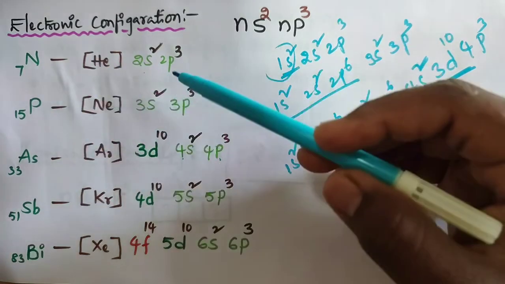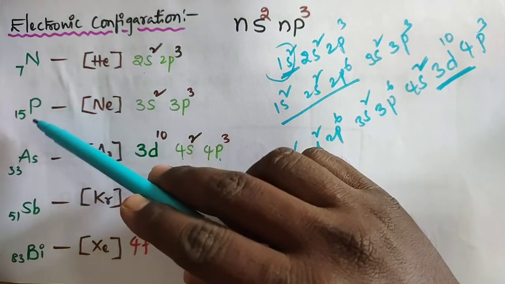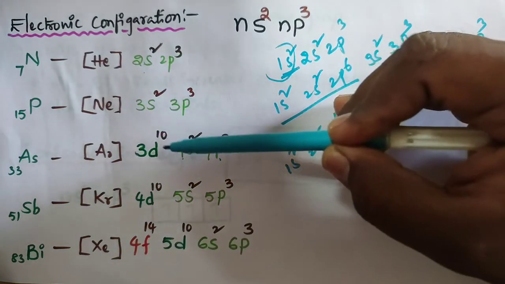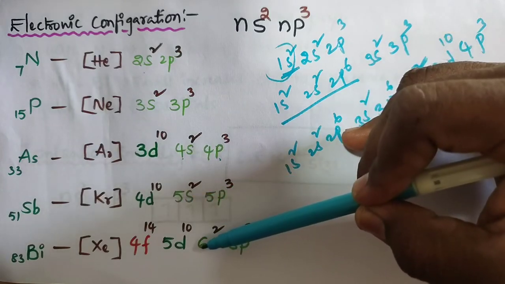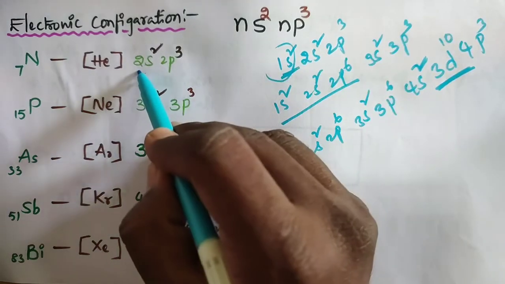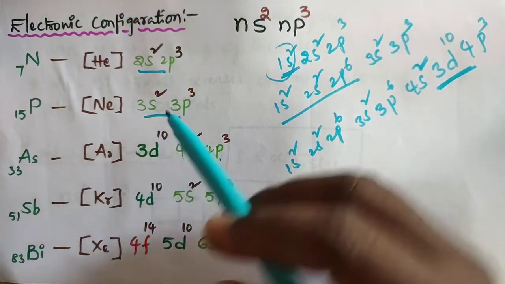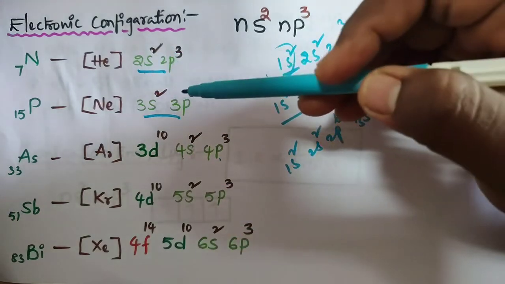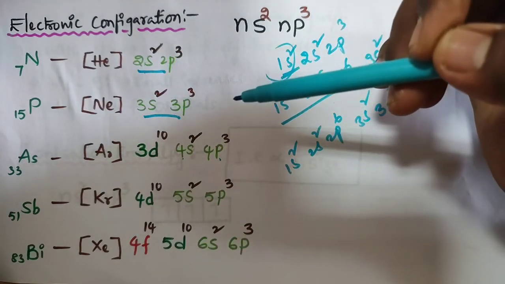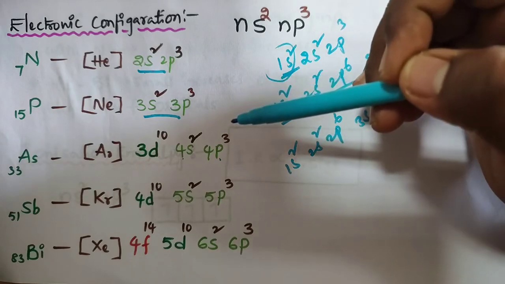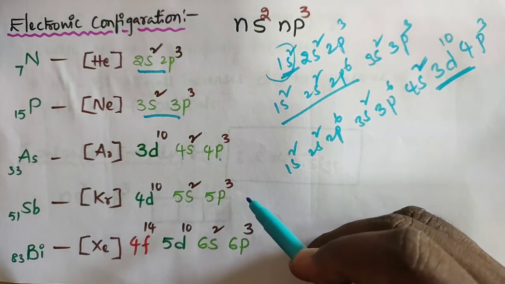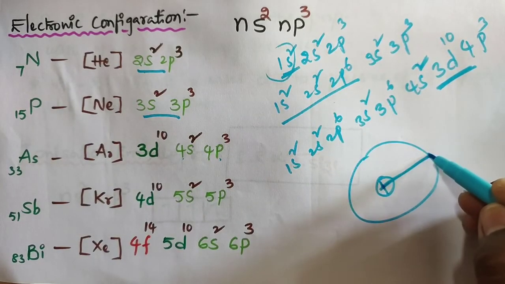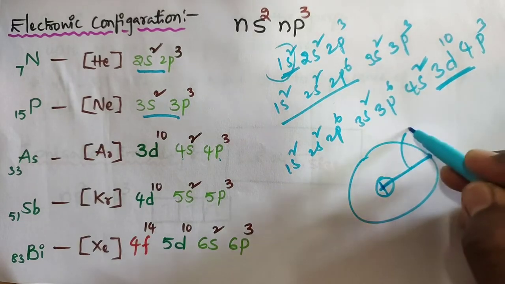From top to bottom the atomic number increases: 7, 15, 33, 51, 83, and the principal quantum number 2, 3, 4, 5, 6 of the outermost electron configuration increases. So the atomic size, ionic radii, atomic radii and covalent radii increase. What is meant by radii? The distance from the center of the nucleus to the outermost orbit is called radii.